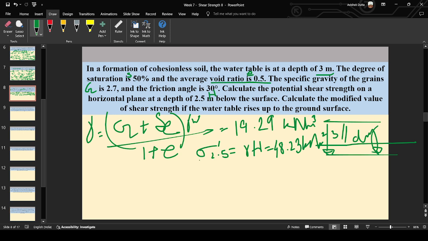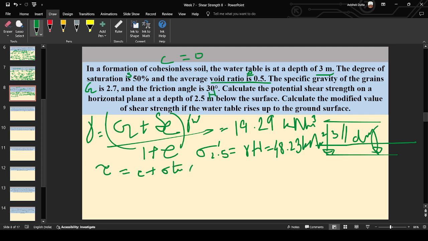Now finding the shear strength, tau. C plus sigma tan phi. C is 0 because it is cohesionless soil. So it will be C plus sigma tan phi, this is 0. Sigma we have got, sigma dash, and tan phi. Sorry, not alpha, it is phi.